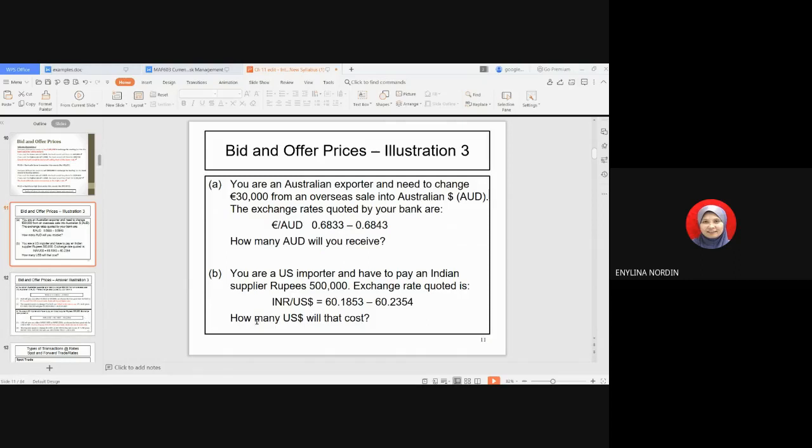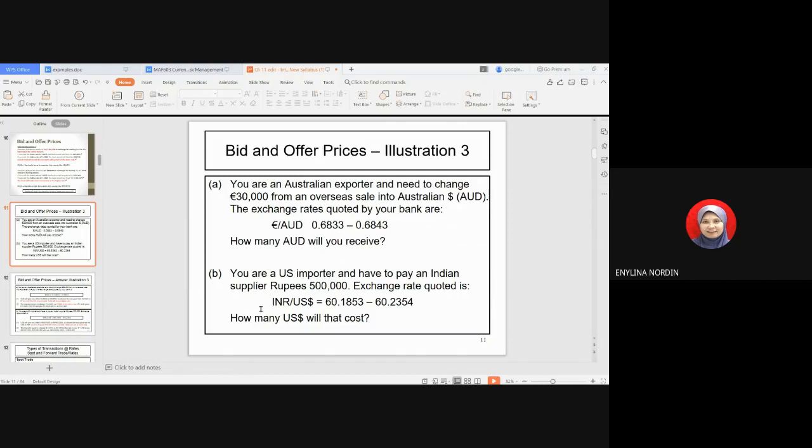So first step, you need to know whether the US company here, the importer, will buy or sell the rupees. Here, the company wants to convert US dollars into rupees, right? Because the US company wants to pay in rupees. So the company will buy rupees, correct?